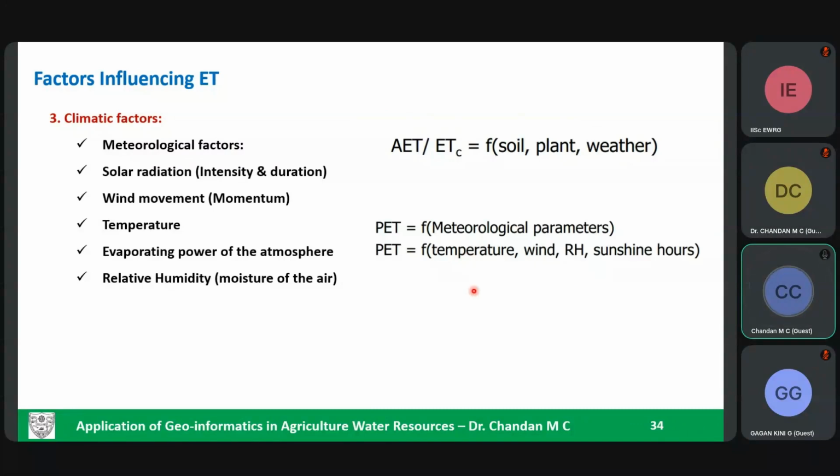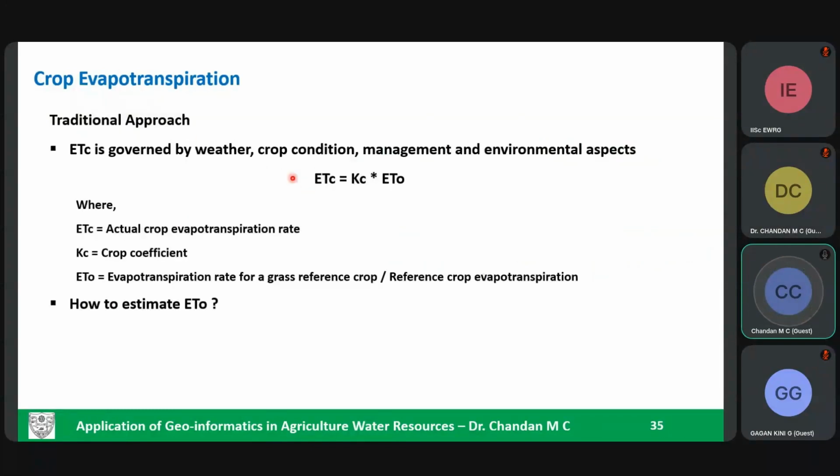Under the climatic factors, we have meteorological parameters like temperature, humidity, wind, relative humidity, and also the sunshine hours. Now if you see the crop evapotranspiration, it is a product of the crop coefficient multiplied by the standard evapotranspiration, that is, the reference crop evapotranspiration.